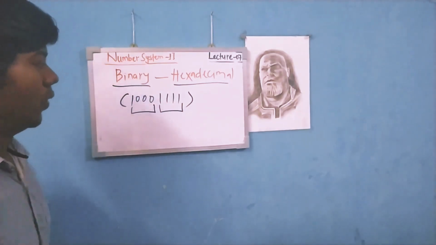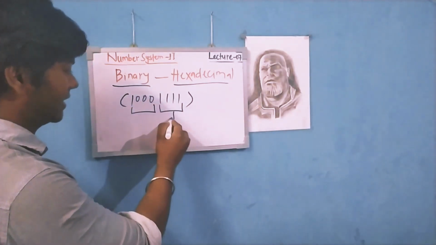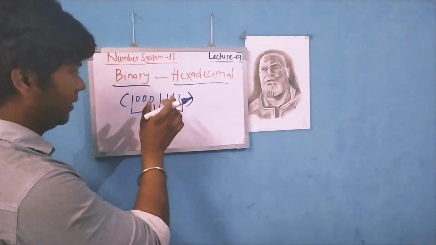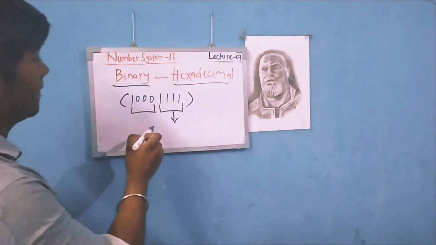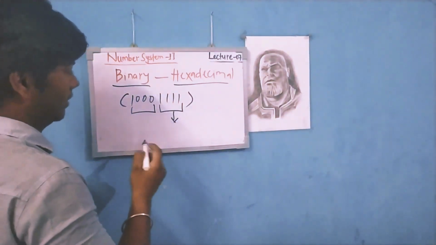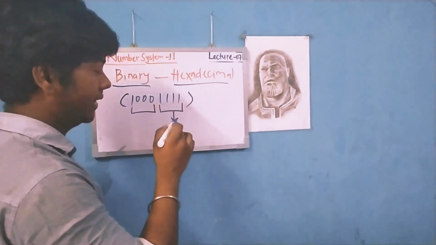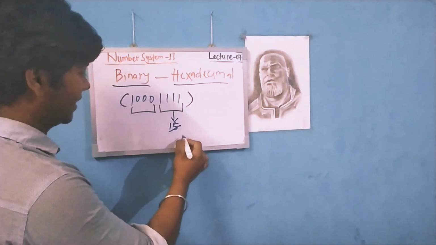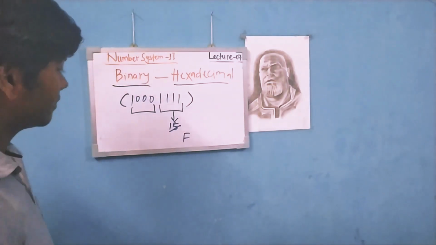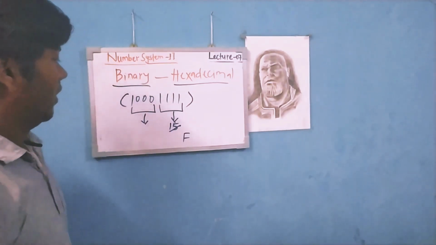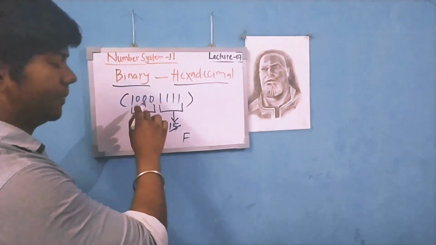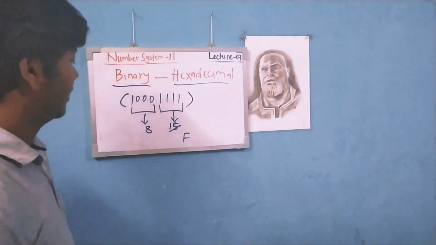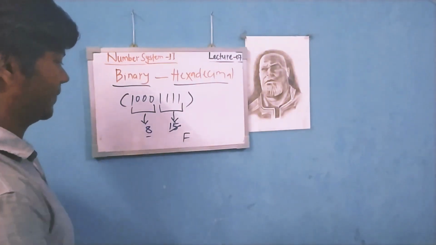After that, we convert each binary group into its equivalent decimal. The equivalent of 1111 in decimal is 15, which in hexadecimal is F, and for 1000, the equivalent decimal number is 8, and in hexadecimal it is also 8.